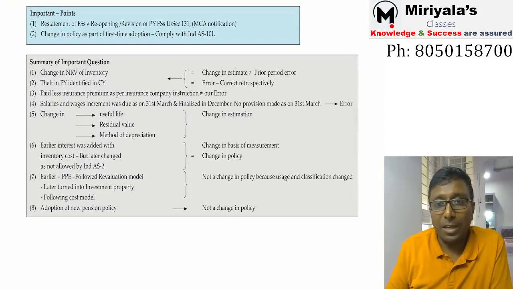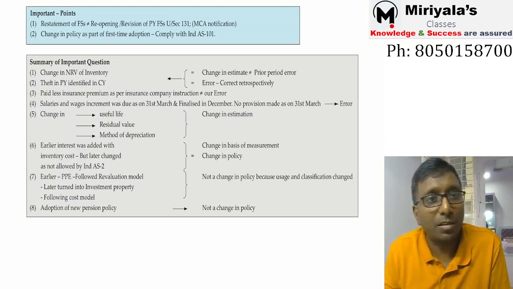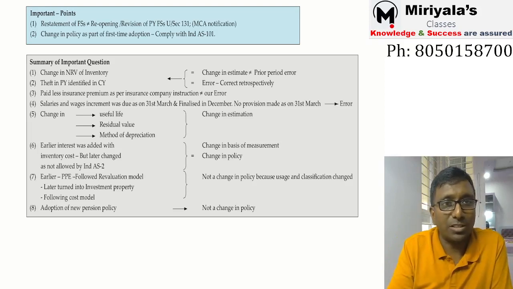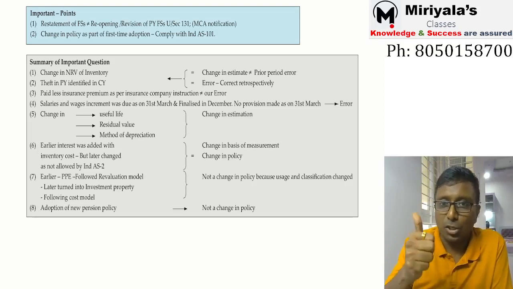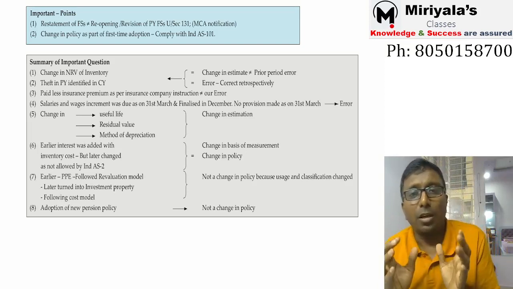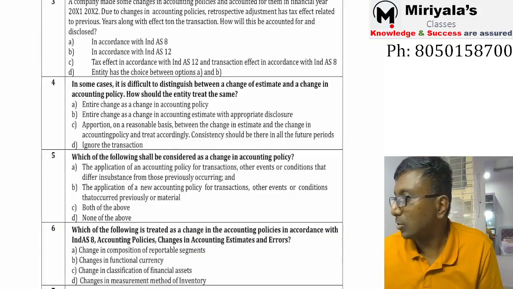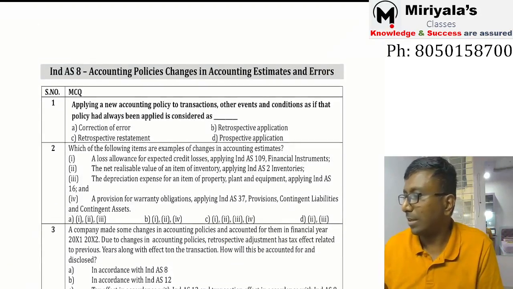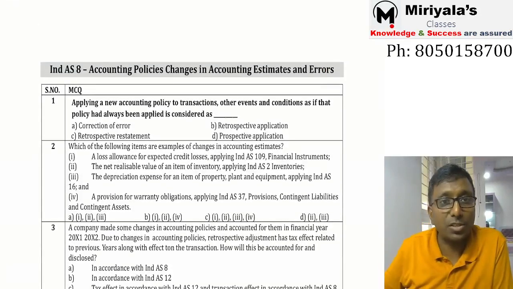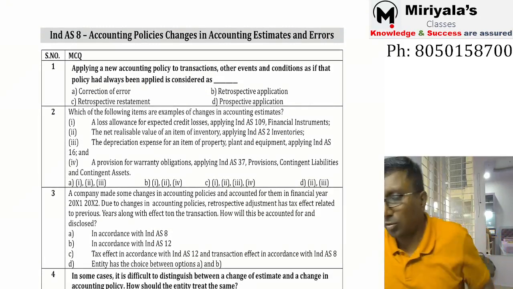Fine. This is the summary of the important questions that I have given. This was the quick revision of Ind AS 8. Now, as usual, let's get into our Ind AS 8 accounting policy changes, changes in estimates, etc. There are so many questions.